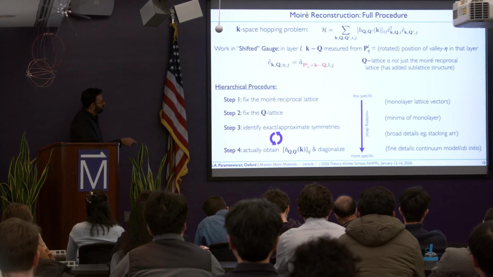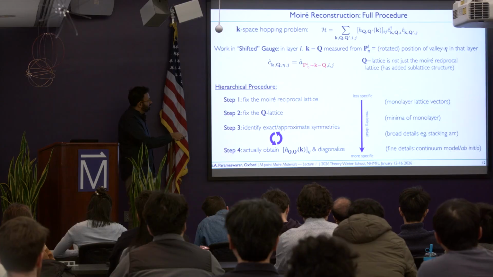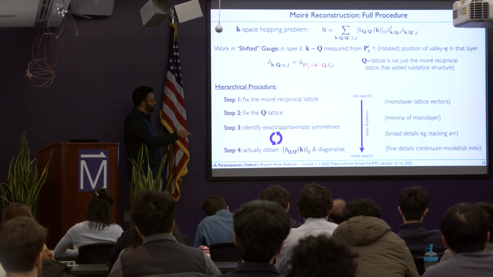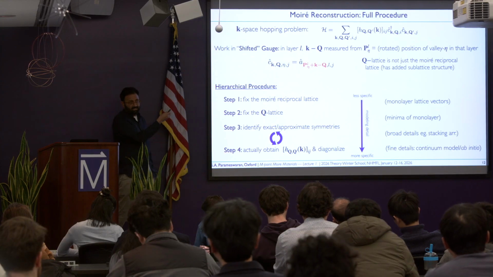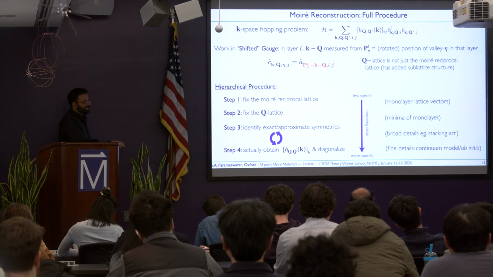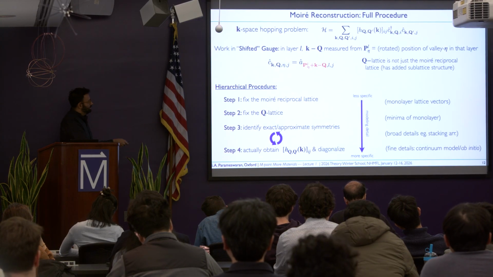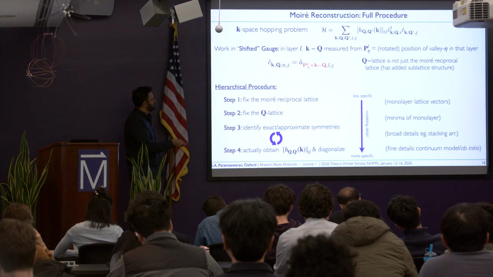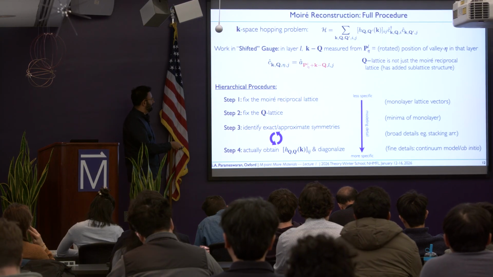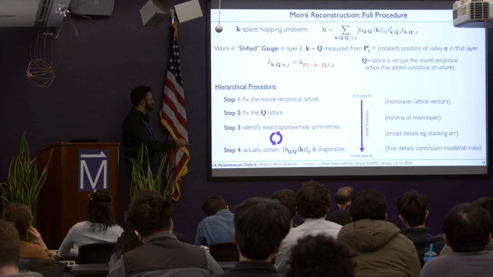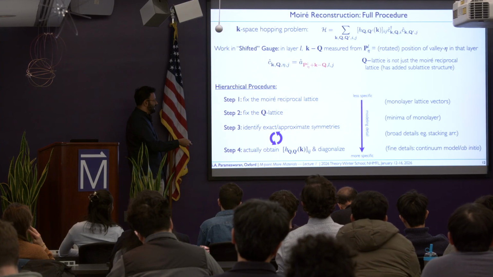If you think about the information that you need, we go from needing less specific things that are very general to more and more specific. And it's unsurprising because the level of detail in our modeling gets higher and higher. For the first step, all we need is the monolayer lattice vectors. For the second step, we need to know where the monolayer minima are. For the third step, we need more broad details such as stacking arrangements.